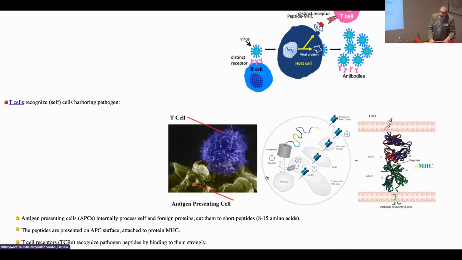These are peptides of the order of, say, 8 to 15 amino acids long. And then there is a machinery that loads this garbage onto a molecule called major histocompatibility complex, MHC, and displays it on the surface of the cell.